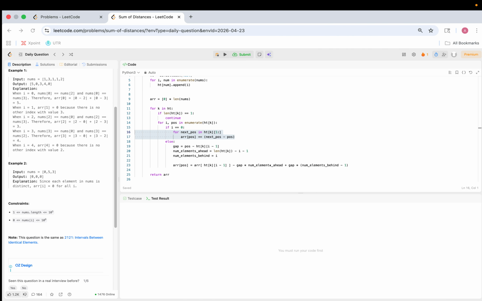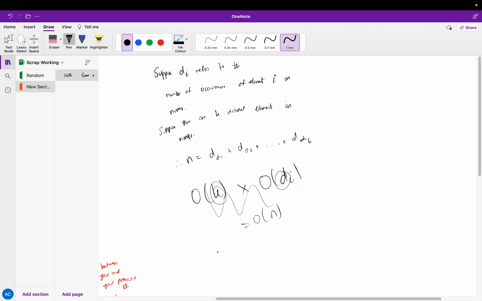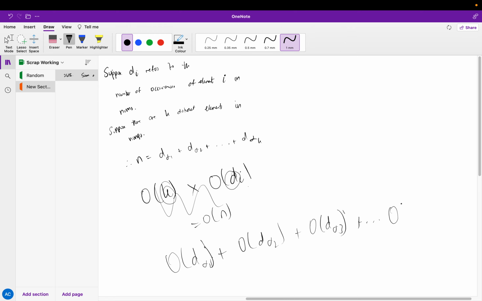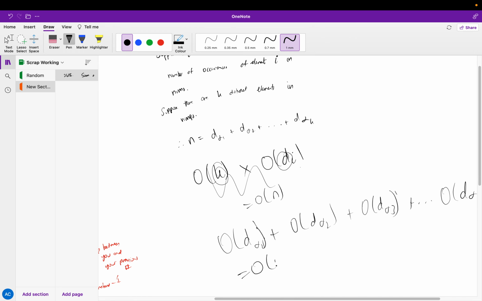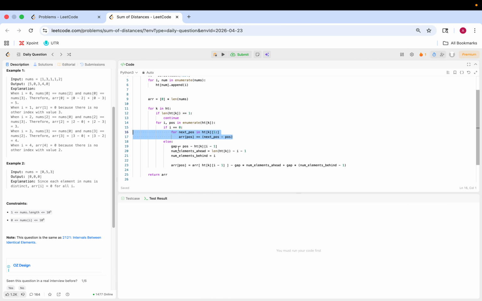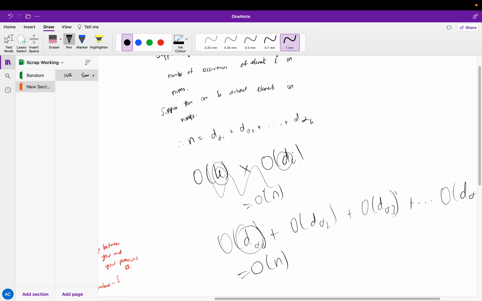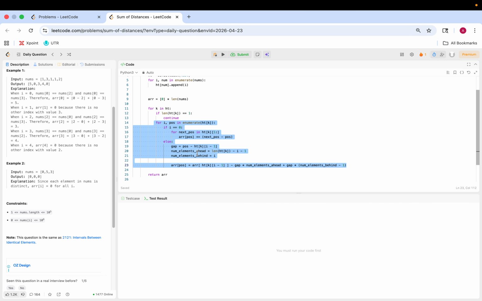Strictly speaking, it's O of d alpha 1 plus O of d alpha 2 plus O of d alpha 3 plus O of d alpha k, which is equal to O of n, because this for loop will take O of d alpha I time, and I'm going to do that for each element, so we get a sum like that. Alright, let's see how this goes.